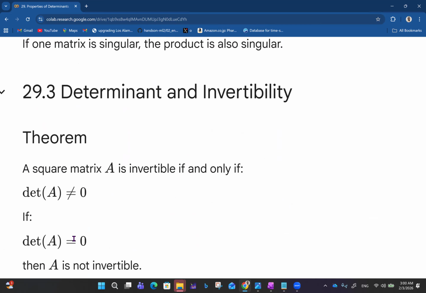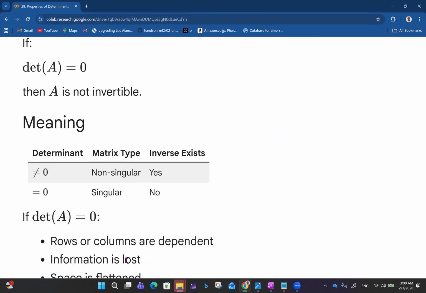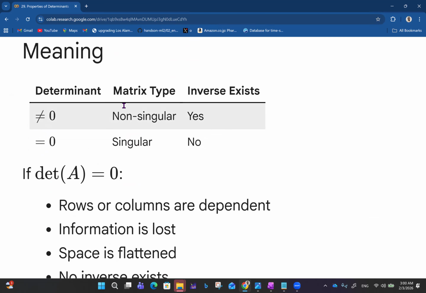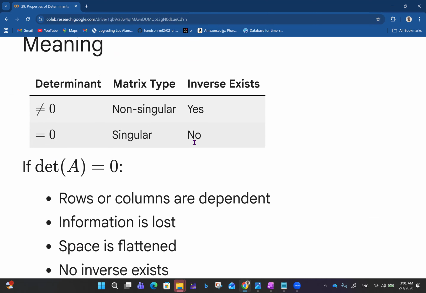But on the other hand, if the determinant of A is 0, then A is not invertible. So if the determinant is not equal to 0, the matrix type is non-singular, inverse exists, yes. If the determinant is 0, the matrix type is singular, inverse exists, no. All right.